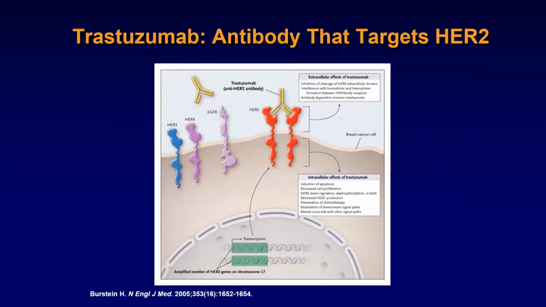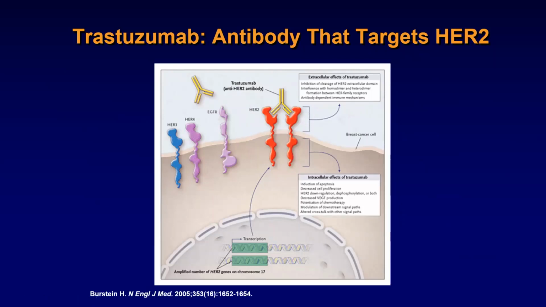And he and colleagues went on and developed this drug, which you know as Herceptin, trastuzumab, which is this yellow molecule here. It's an antibody that is engineered to recognize the outside of the HER2 receptor. HER2 stands for human epidermal growth factor receptor number 2.